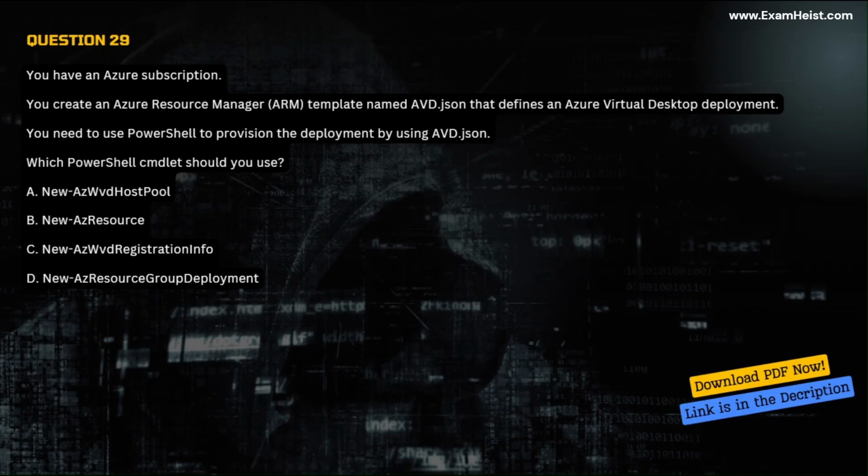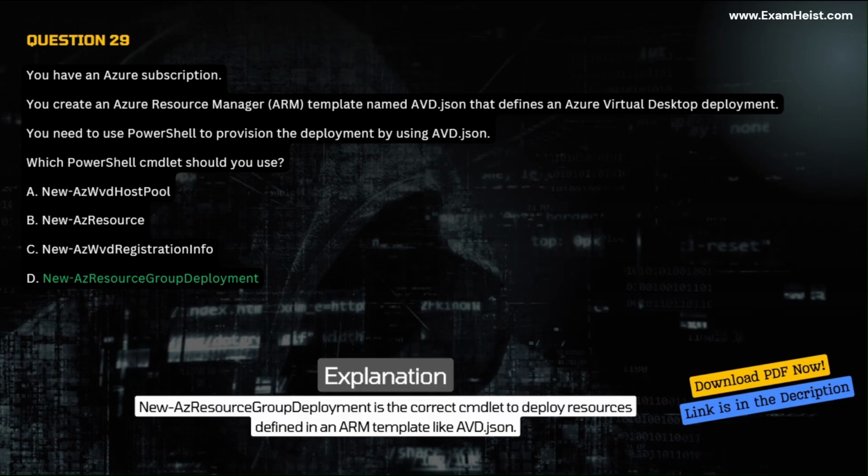A. New-AzWvdHostPool. B. New-AzResource. C. New-AzWvdRegistrationInfo. D. New-AzResourceGroupDeployment. Correct answer D. New-AzResourceGroupDeployment. Explanation. New-AzResourceGroupDeployment is the correct command to deploy resources defined in an ARM template like avd.json.